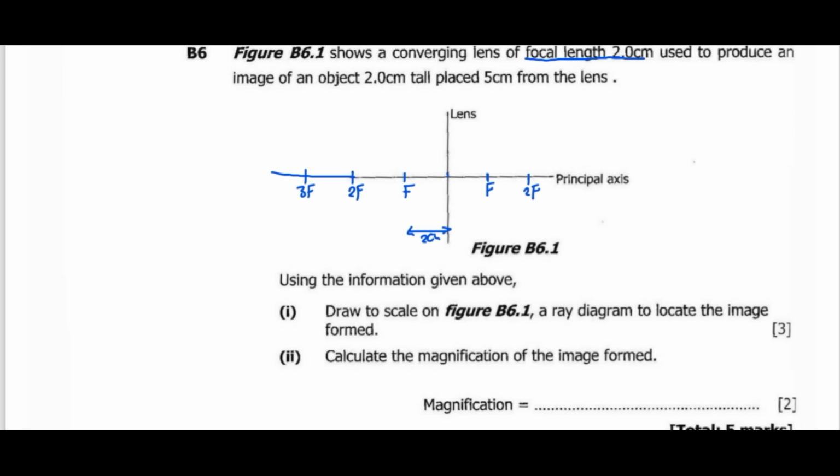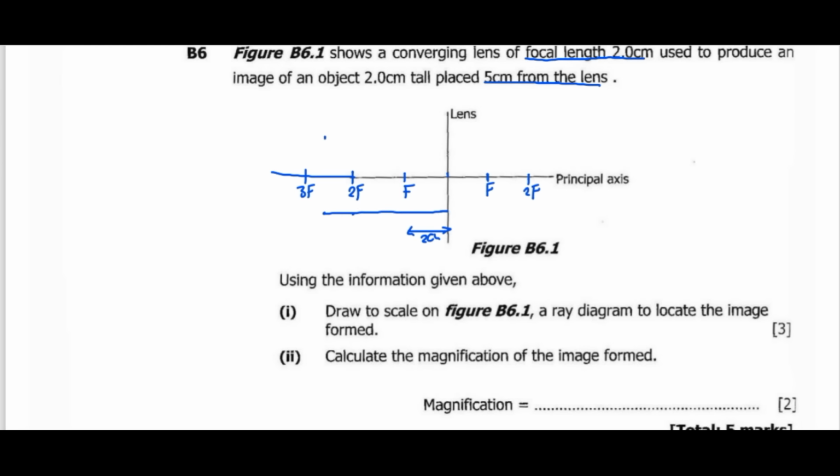2F. So after we are done writing the focal lengths, we can now look at the position of the object. The position of the object is 5 centimeters from the lens. We know that each focal length is 2 centimeters. So 4 is here, 5 is in between here. But the good part is just get the rule, measure 5 centimeters from where the lens is up to here.